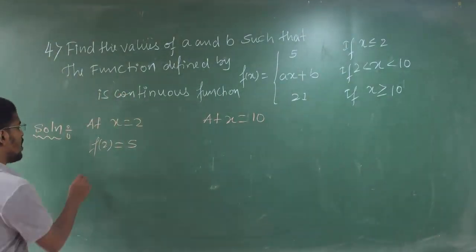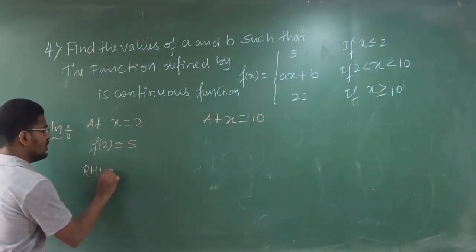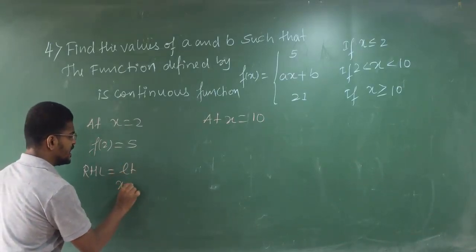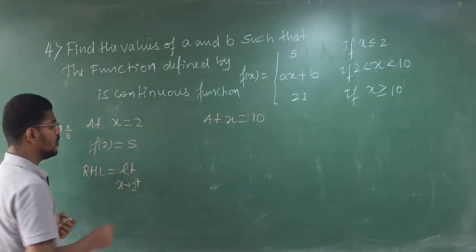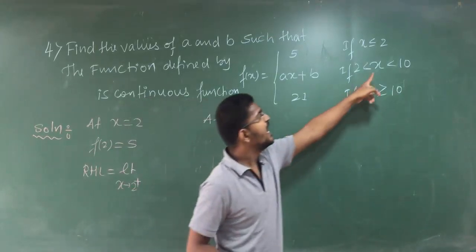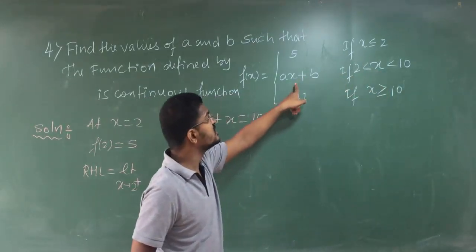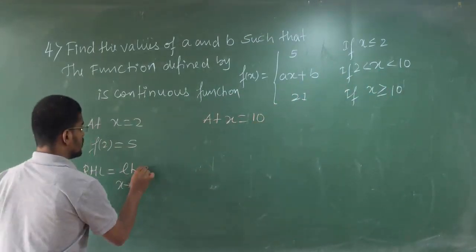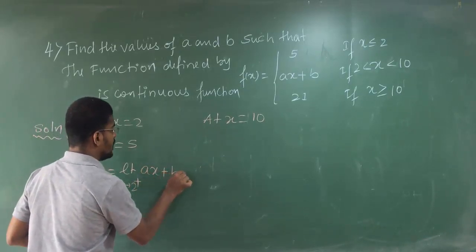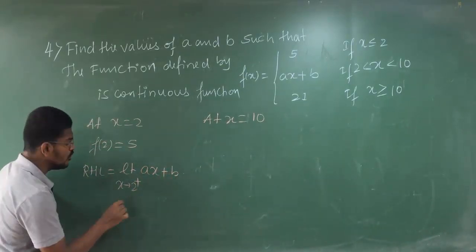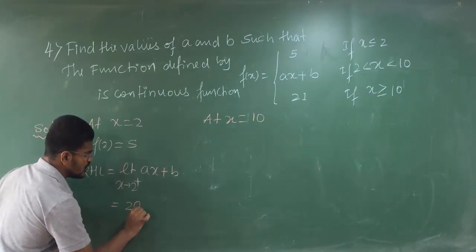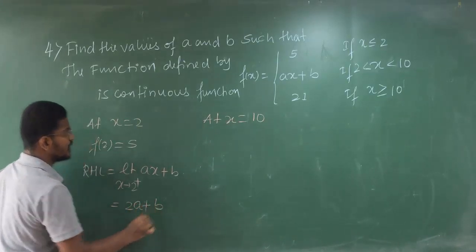Therefore that is RHL, limit x tending to 2 plus, what is your f of x? At RHL your f of x is ax plus b. So write ax plus b, x is going to 2. So that is 2a plus b.